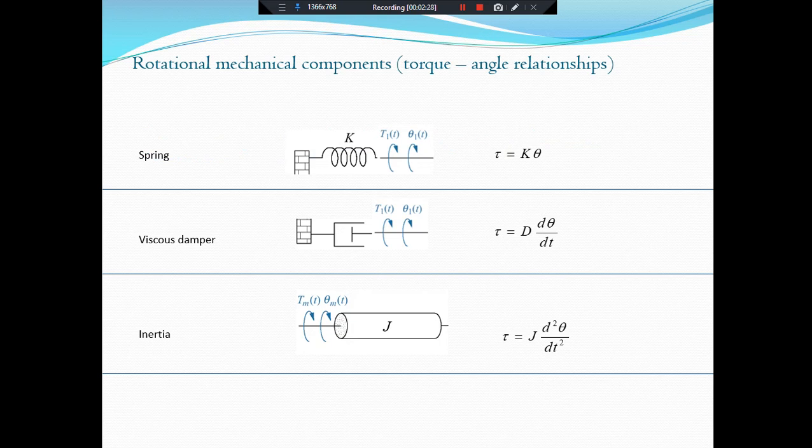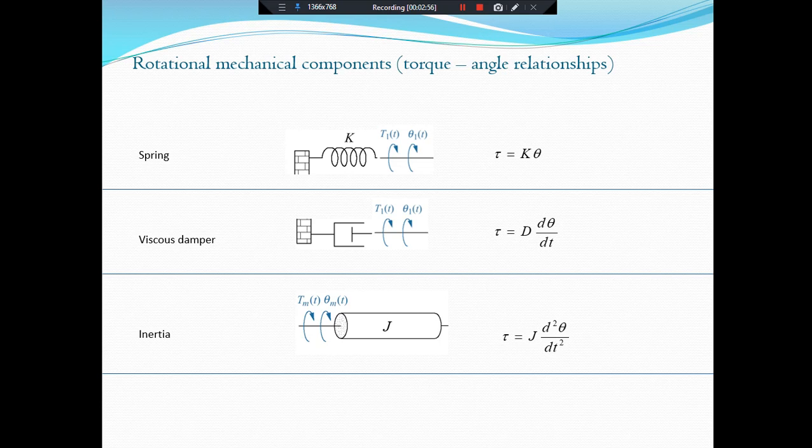It's the same in the case of the viscous damper. The applied force is torque and the displacement is theta 1, and the relation is that the torque is equal to D times the derivative of theta, where D is a constant, or you can say the coefficient of viscous friction. In the translational mechanical system we studied f of v, the coefficient of viscous friction.